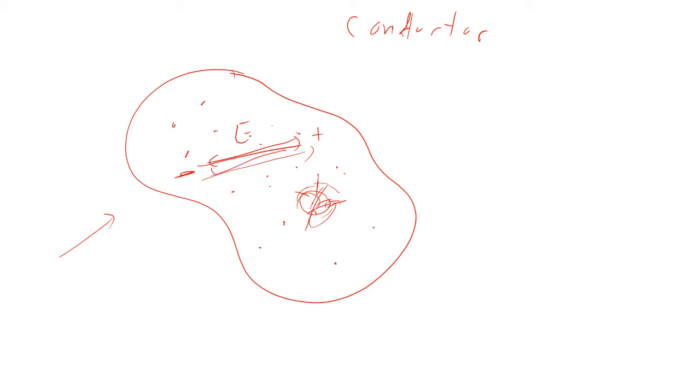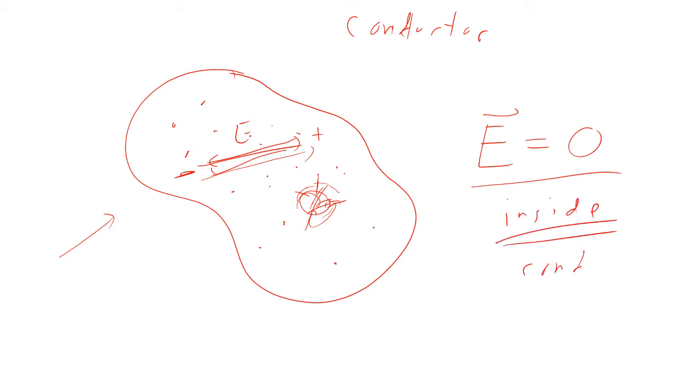So what you can realize is that the electric field inside a conductor is always going to be equal to 0. When I put my electric charge on here, it's going to arrange itself in some fashion so that the electric field is 0 on the inside.